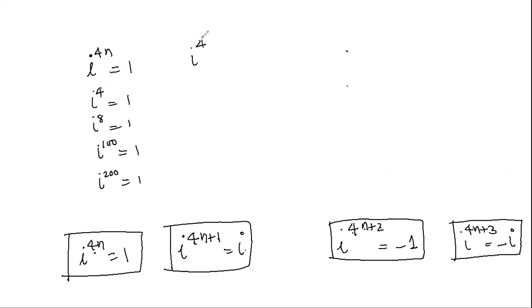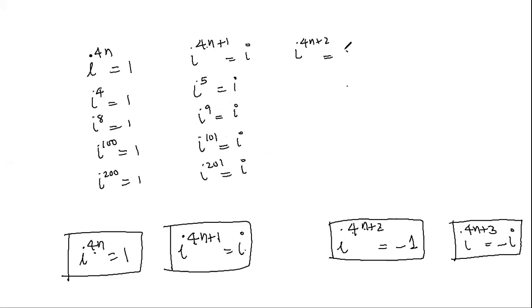Then i raised to 4n plus 1 is i, which is a multiple of 4 plus 1 more: i raised to 5, 9, 101, 201. All of them are 1 more than a multiple of 4, so the answer is i. Then i raised to 4n plus 2 is i squared, which is minus 1.